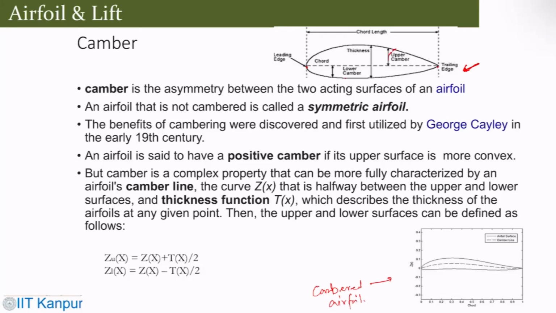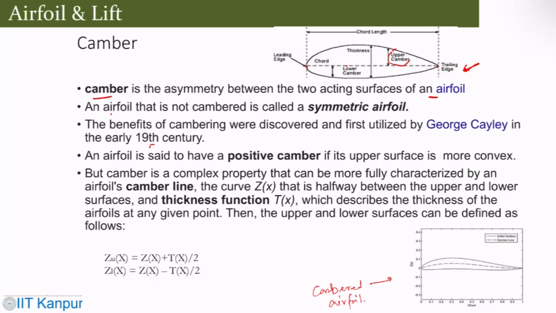One is called the upper camber, this is the lower camber. So camber is the asymmetry between the two surfaces of the airfoil. The airfoil which doesn't have camber is called a symmetric airfoil. The benefits of cambering were discovered in the 19th century.